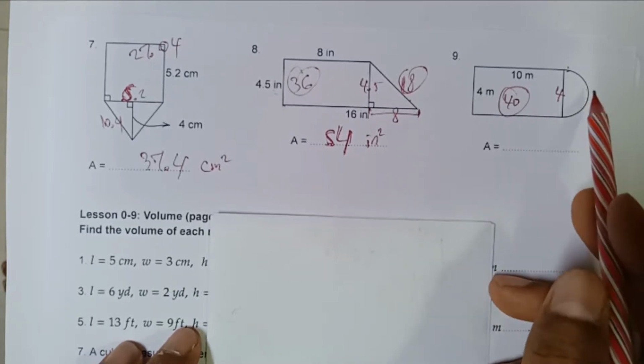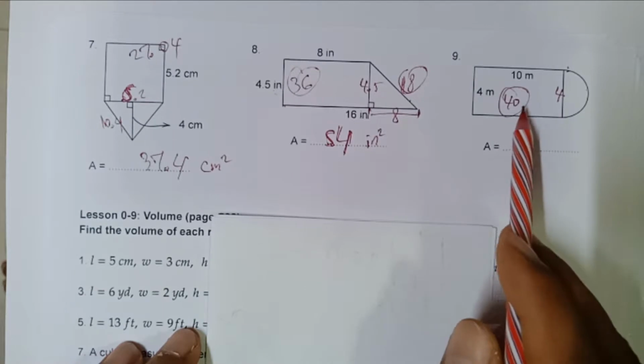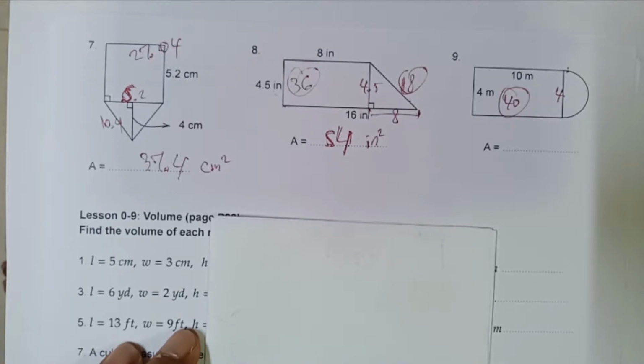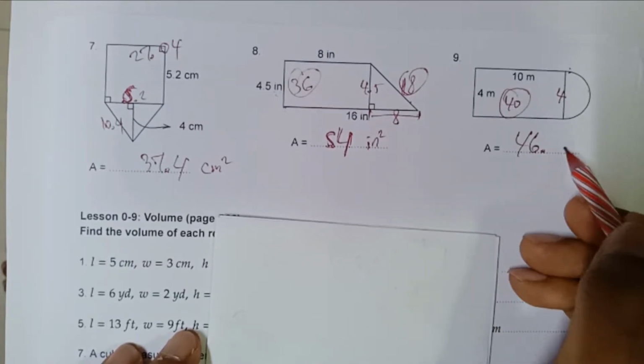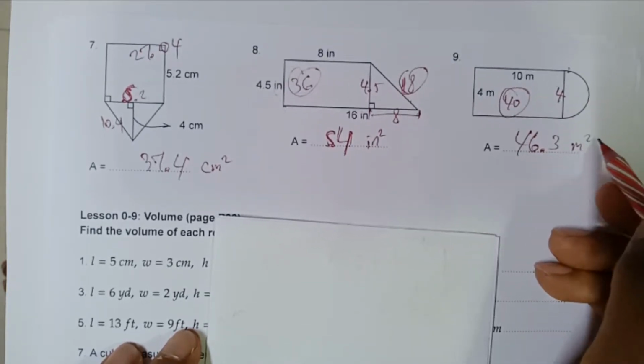But this is half of the circle, so you divide by 2. Then you add the area of the rectangle, 40. After that, you round it to the nearest tenth: 46.3. This is meters, so square meters.